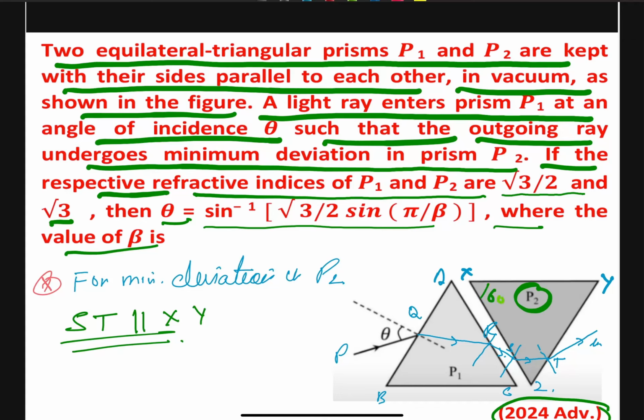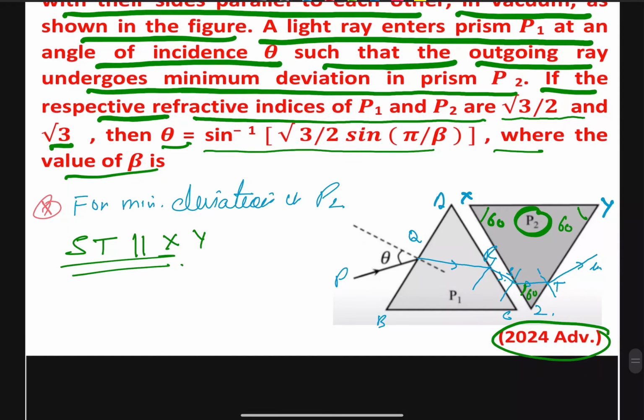So this here was 60, all of the angles are 60. Okay. Therefore, we can easily say that this angle is also 60 degrees, and therefore if it is parallel, then we can write that angle TSZ will equal 60 degrees, which gives us that this angle will be 30 degrees.